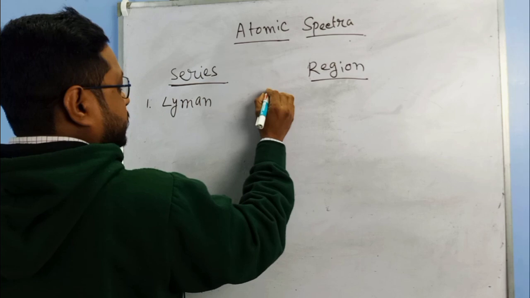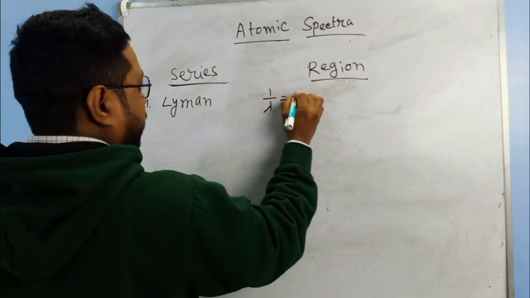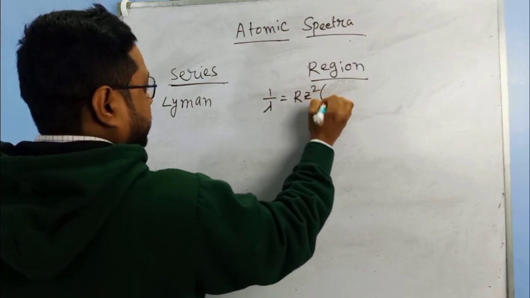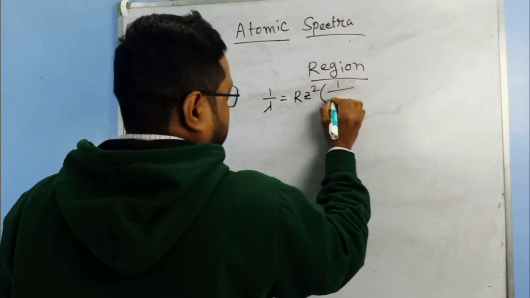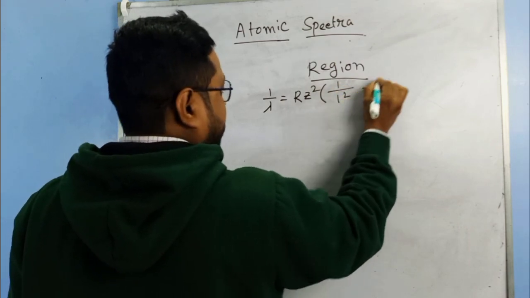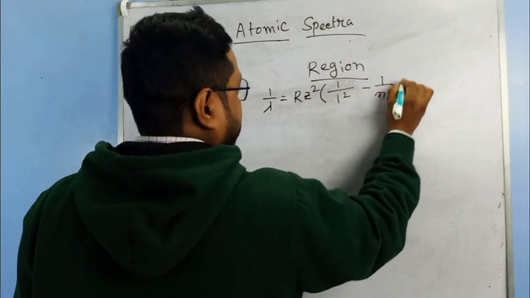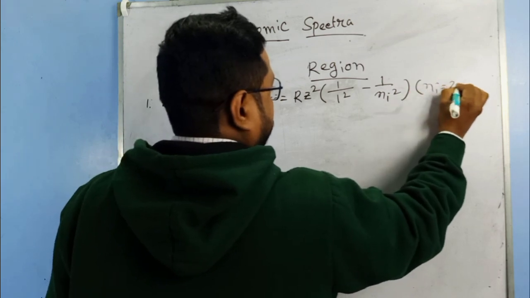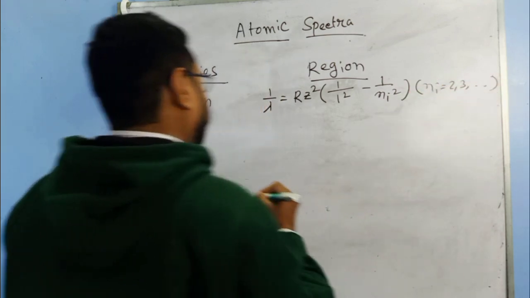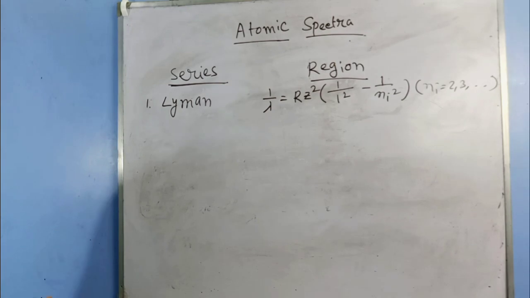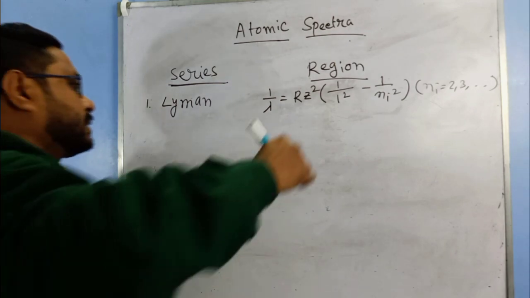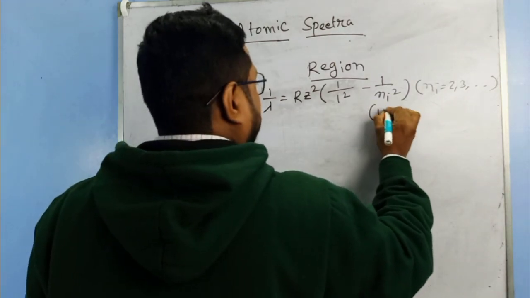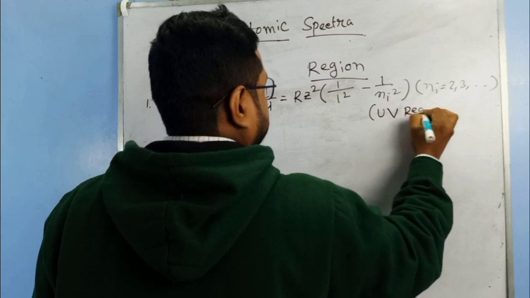The corresponding equation is 1 by lambda equal to R z square, 1 by 1 square minus 1 by ni square. Ni takes values from 2, 3 and so on. Okay. In which region does it occur? It is in the UV region, that is the ultraviolet region.